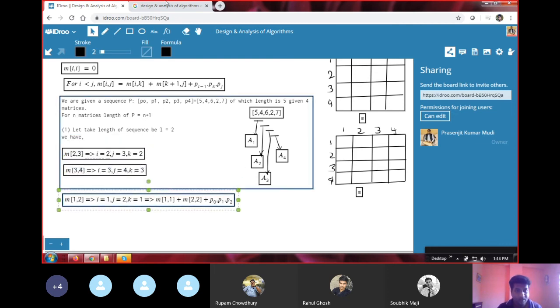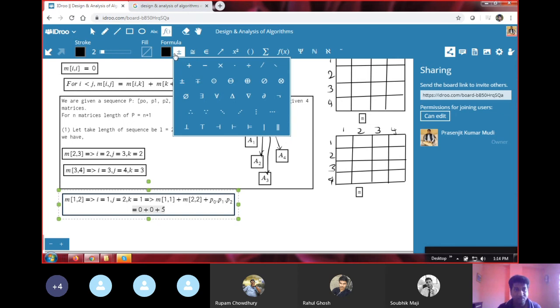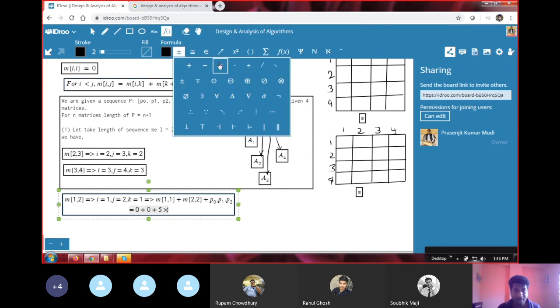So now we are in a position to calculate this thing. It equals M11, that is 0, plus M22, that is also 0. And what is P0? P0 equal to 5. So 5 into P1, P1 is given as 4, and then P2 equal to 6. So 4 into 6.